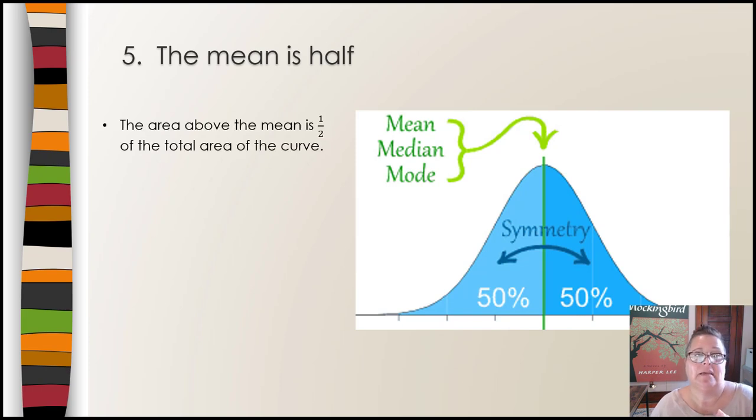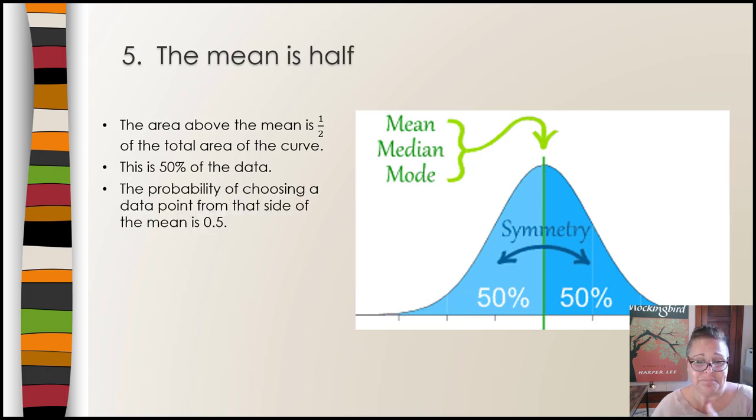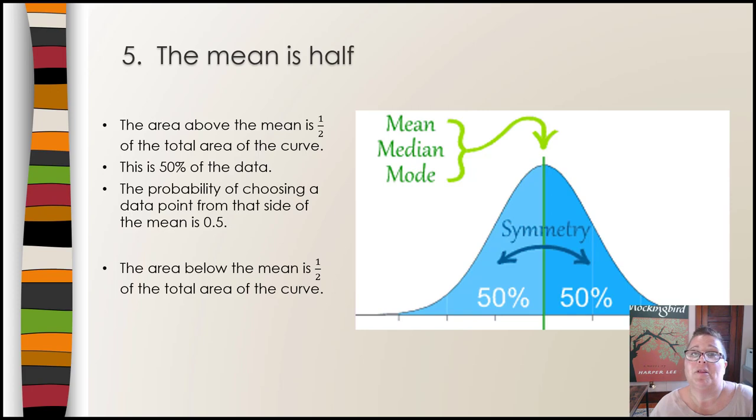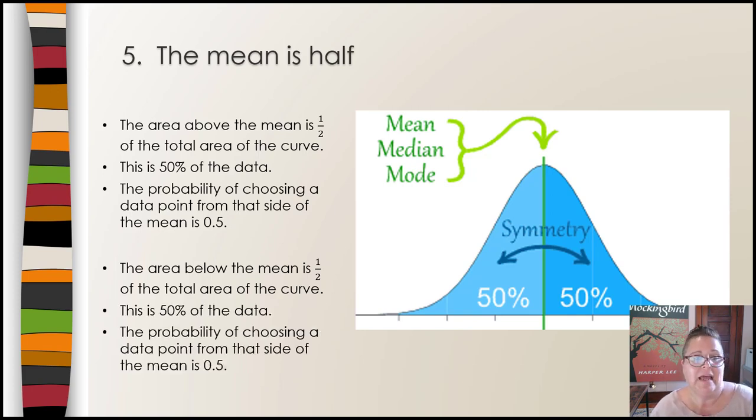Since it is centering, everything to the right of the mean is considered above, and that would be 50% because the mean is at half. It's 50% of the data. Everything to the left of the mean would be half below the mean. That would be the 50% of the data below the mean.